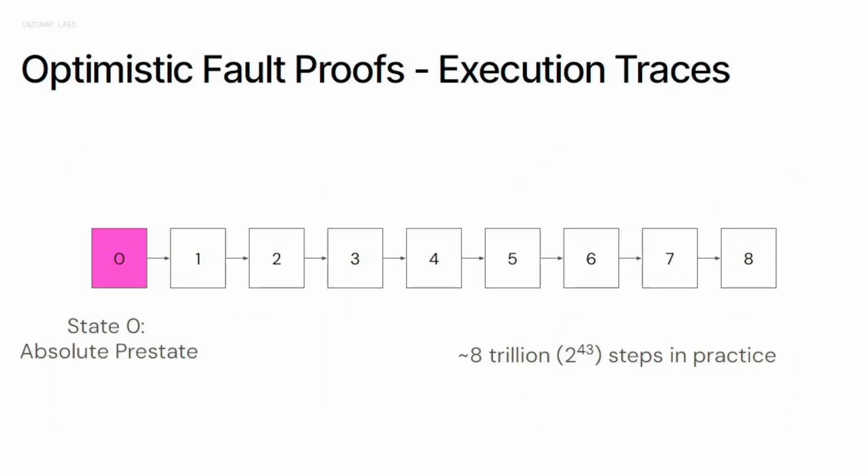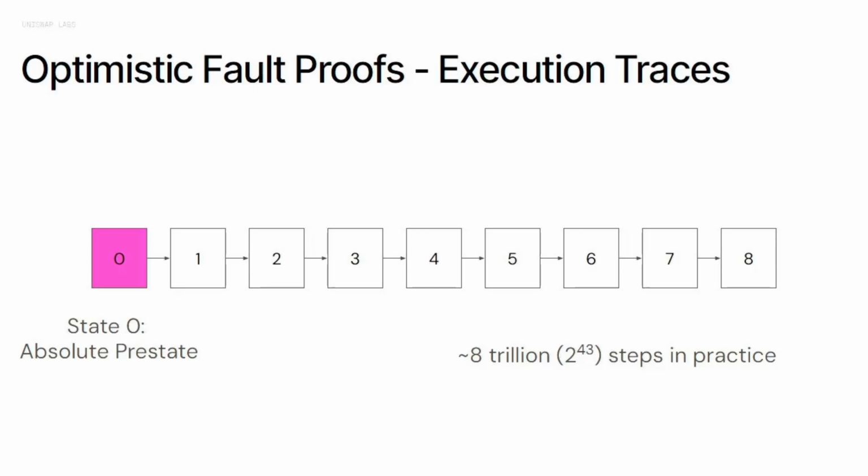Then we have these many, many steps, and we're going to build them up into an execution trace. We start at some agreed-on state, which we call the absolute pre-state, and we iteratively apply this execution step. And this execution step is deterministic, so we get a sequence of steps. This diagram has 8. In practice, it's about 8 trillion, 2 to the 43rd.